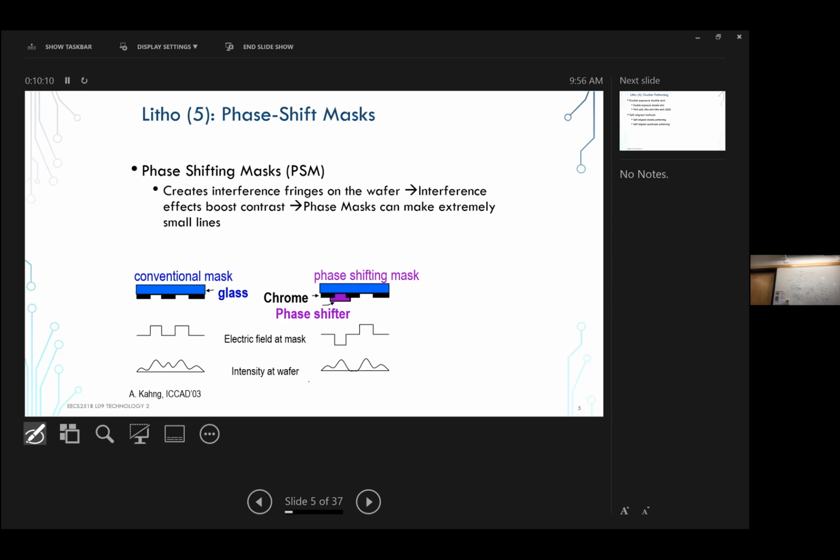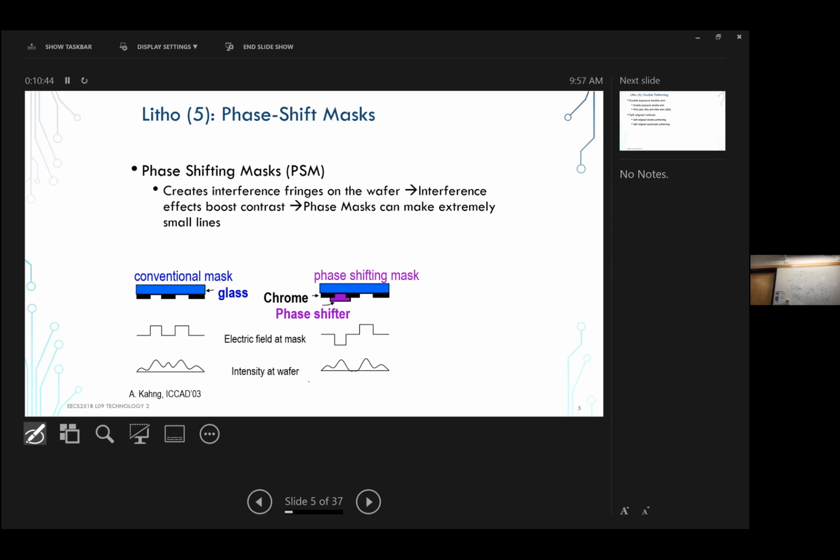So the light will shine through the transparent part of the mask and project something on the wafer. So there will be some kind of an electrical field that is going to the mask, and then light intensity will be projected on the wafer, and then we'll put kind of a threshold on it and project it on the wafer to make transistors, polysilicon.